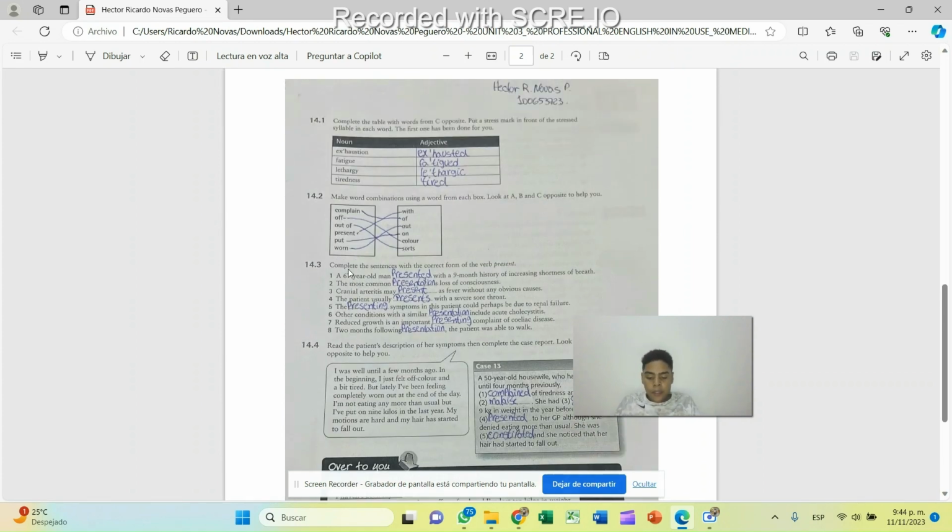14.1. Complete the table with words from the box. Put a stress mark in front of the stressed syllable in each word. The first one has been done for you.